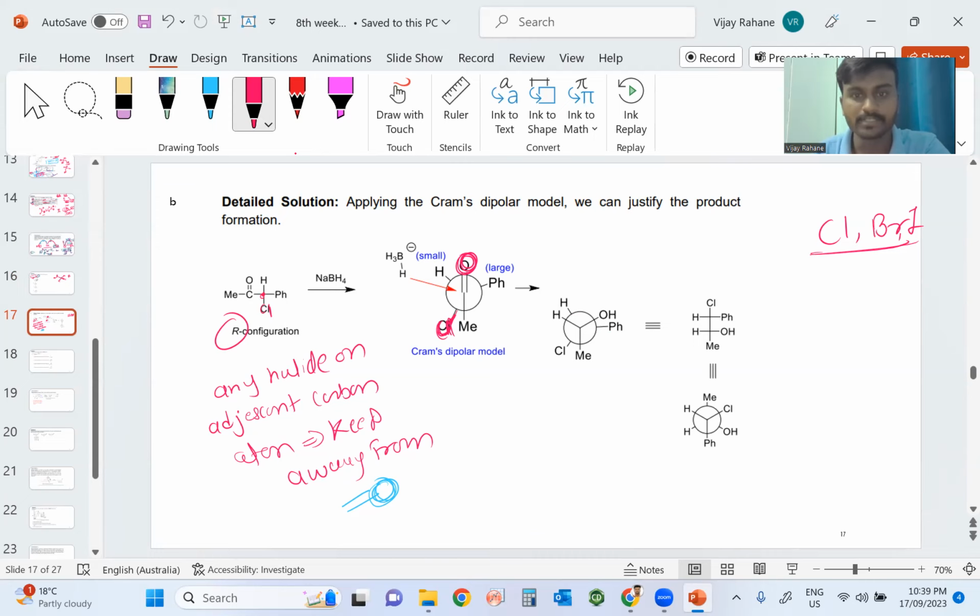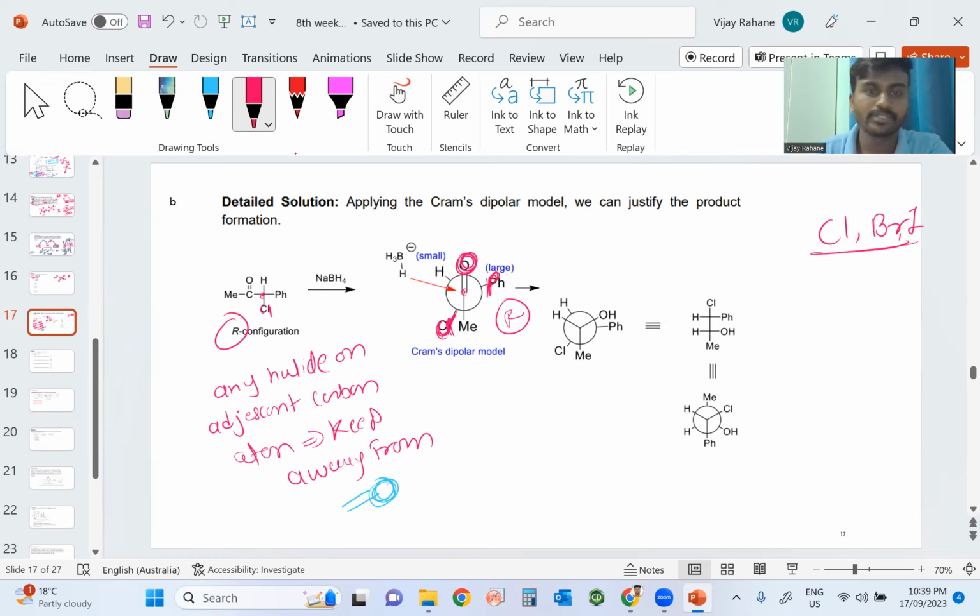If you check the priorities, 1, 2, 3: chloride will be first, the carbon will be second, and the phenyl will be third. So it has R configuration, and that's why the phenyl will be here.